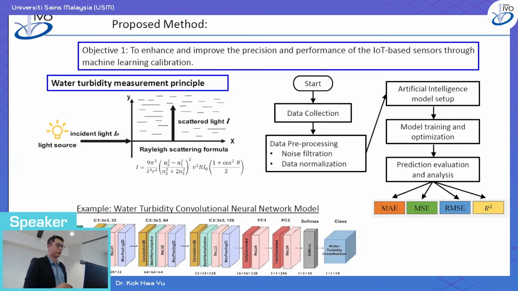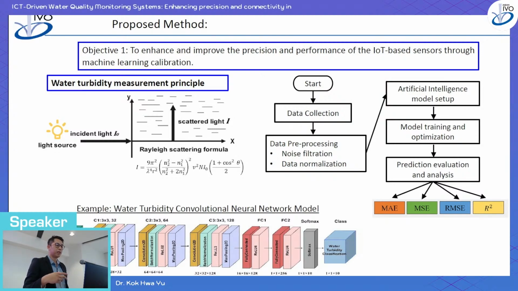So the proposed idea is that conventionally we use the Rayleigh scattering formula, and that formula is used for the IoT sensor. What we try to implement is machine learning to complement that.